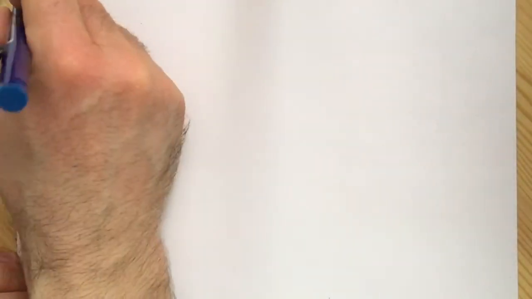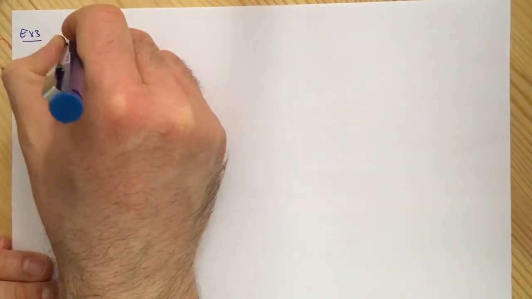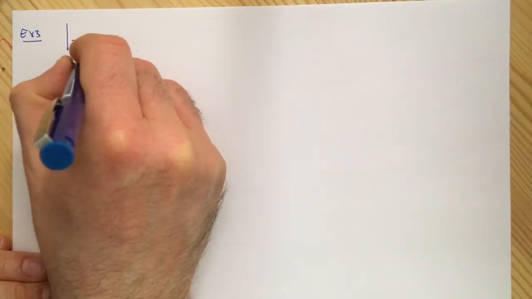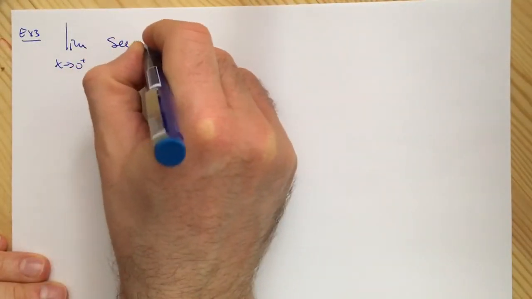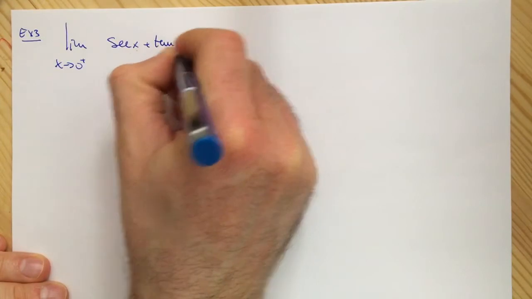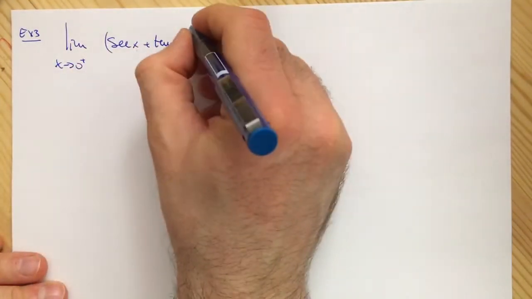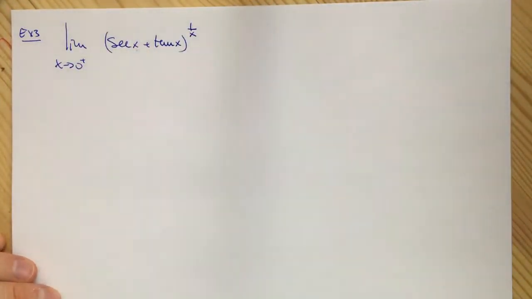And the final example is limit as x approaches 0 from the right of secant x plus tangent of x raised to the power of 1 over x.